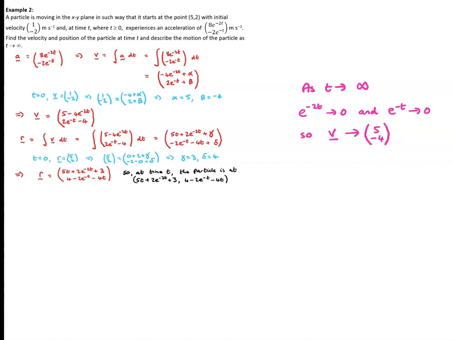So, as t tends to infinity, the first thing we notice is that the velocity is getting closer and closer to a constant value of (5, -4). And if we look at the displacement equation that we've got, we can see that r is getting closer and closer to an expression of the form (5t + 3, 4 - 4t).